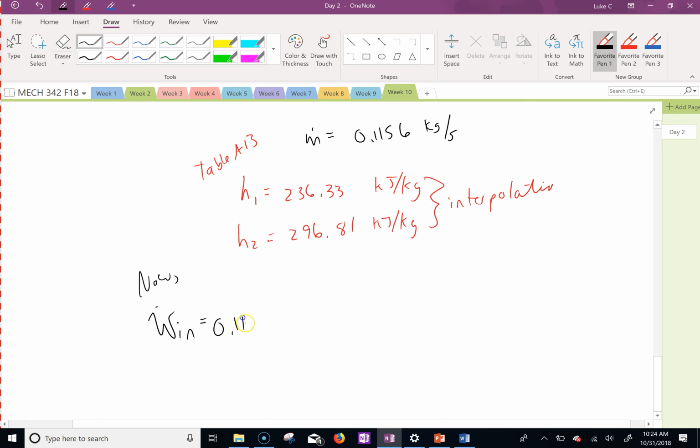So 0.1156 kilograms per second times, what do I have first? h1? Yep. h1 is the 236, right?